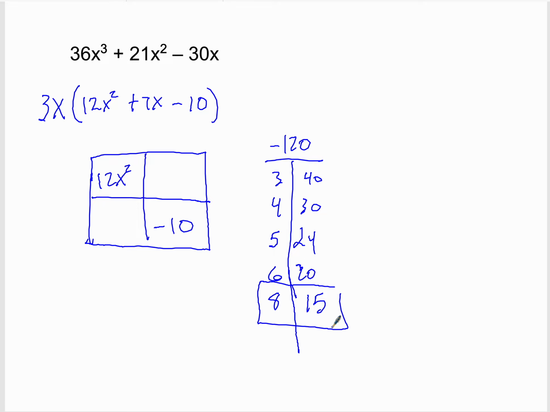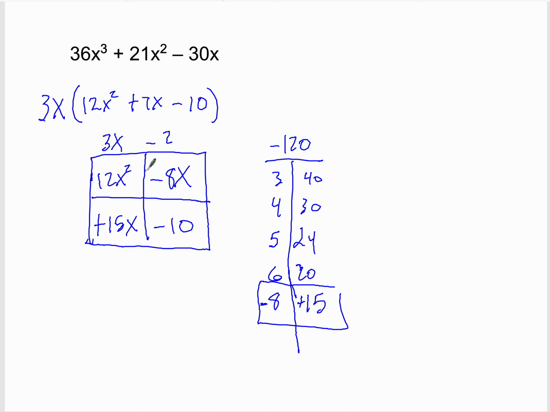So 8 and 15 are two numbers that multiply to negative 120 and add to 7. So I need a plus 15 and a minus 8. So minus 8x and a plus 15x. Now I can factor this. 12x squared and 15x, common factor is 3x. Negative 8x and negative 10, the common factor is negative 2.